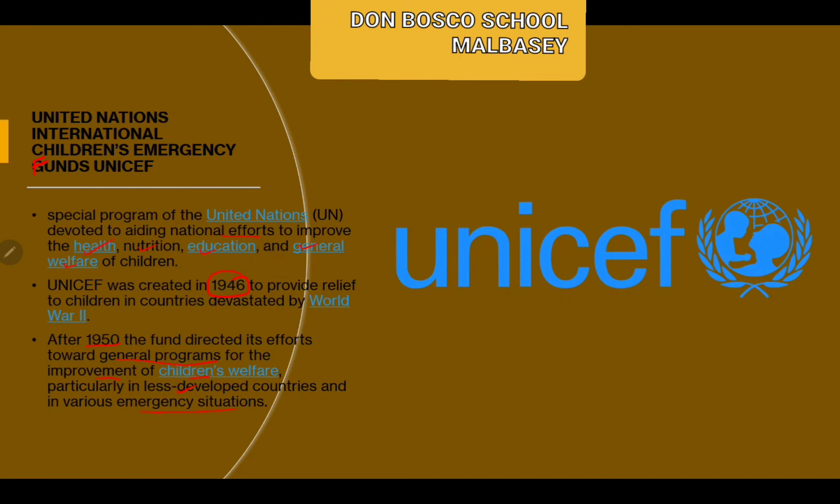When UNICEF emerged, it particularly wanted to look after the welfare of least developed countries, because in least developed countries children are at a very vulnerable stage, and also in emergency situations, if there is a war or a natural disaster, they want to look after the children of that least developed country. Now this is the logo of UNICEF.